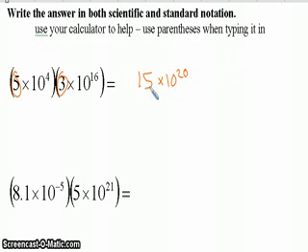Of course, the number 15 times 10 to the 20th power is not in scientific notation. I want the decimal place to go from right here where it is to that spot. So I need to edit a little bit here. So it can be 1.5 times 10 to the, this is a bigger number than I'm originally showing it, so I'm going to add 1 to the exponent. I moved it one spot.